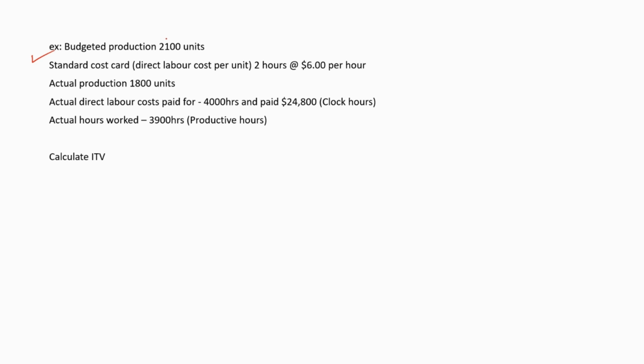As we now know, we do not consider the budgeted production units. Calculate the idle time variance, which is equal to actual productive hours minus actual clock hours multiplied by the standard rate. What is the actual productive hours? This value, 3900 hours. What is the actual clock hours?